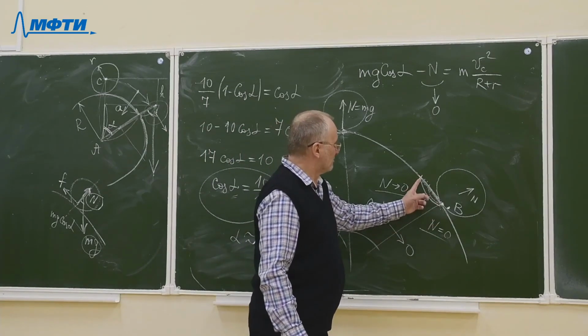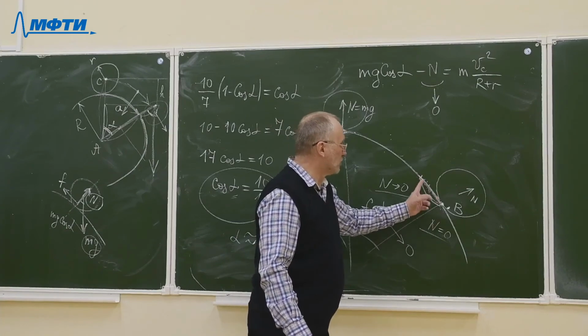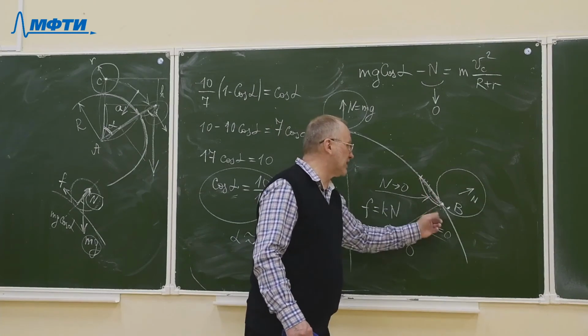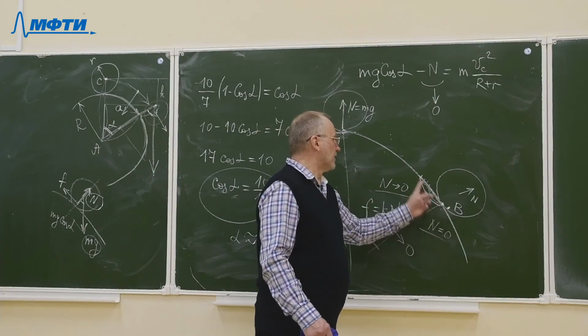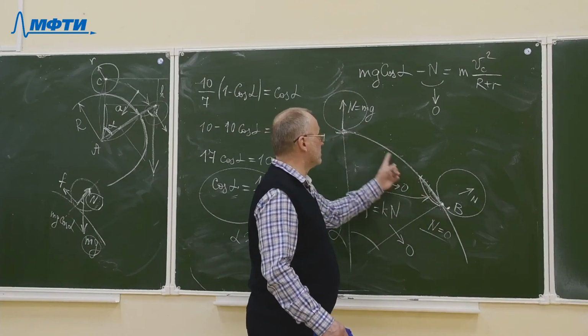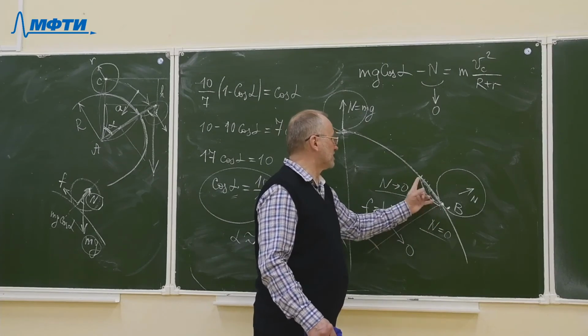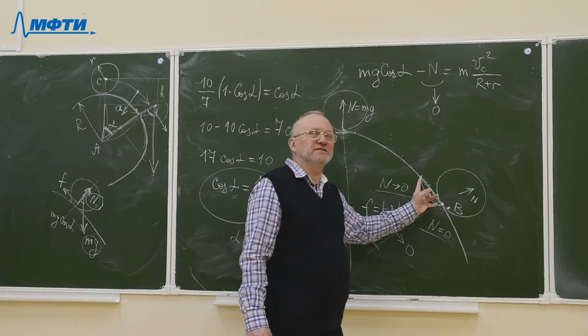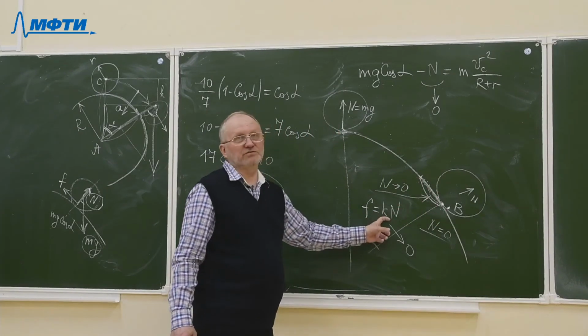And you must carry out calculations accordingly to take into account the slipping of the sphere along the surface on the last section of its motion. There is no slipping here, but there will be some slipping here. And in order to take it into account, we must know the coefficient of friction.